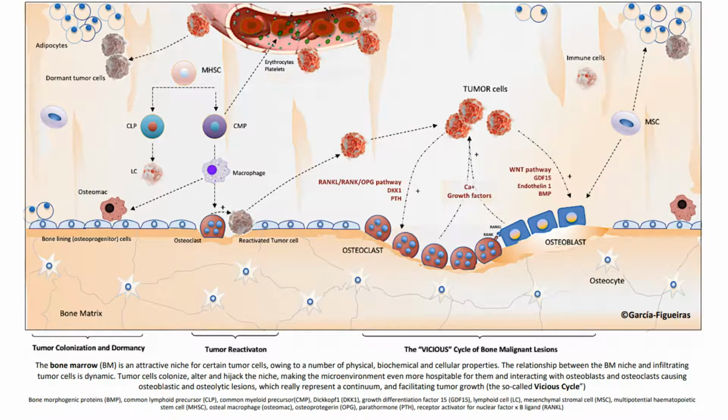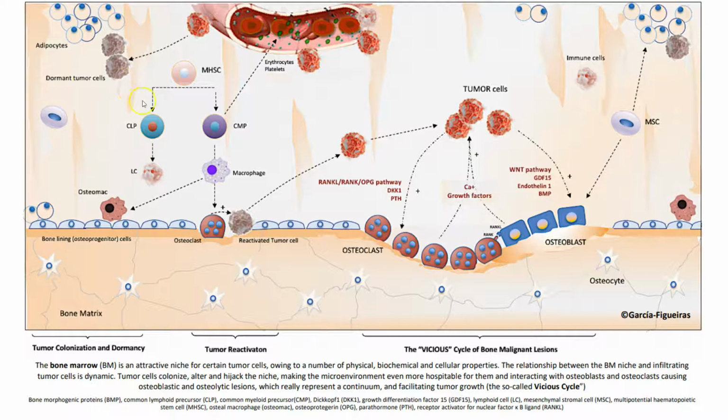So here you can see a dormant tumor stem cell in an osteoblastic niche where it has already displaced the hematopoietic stem cell.